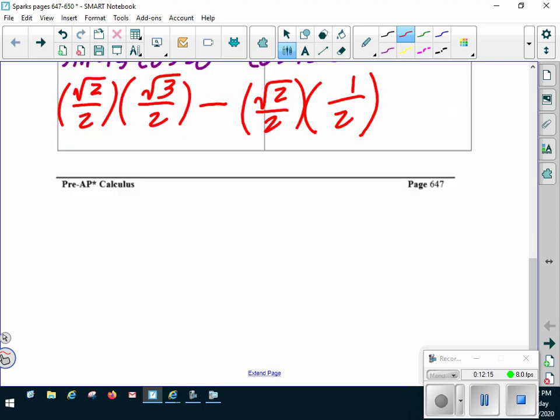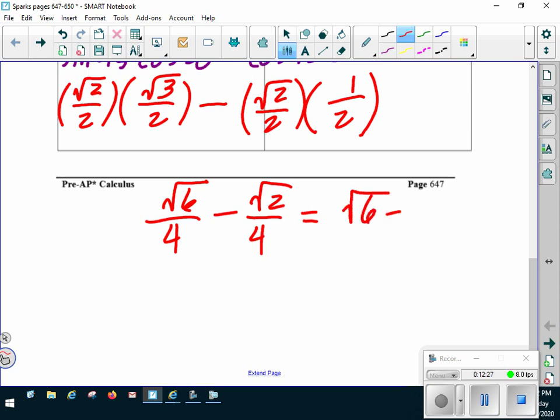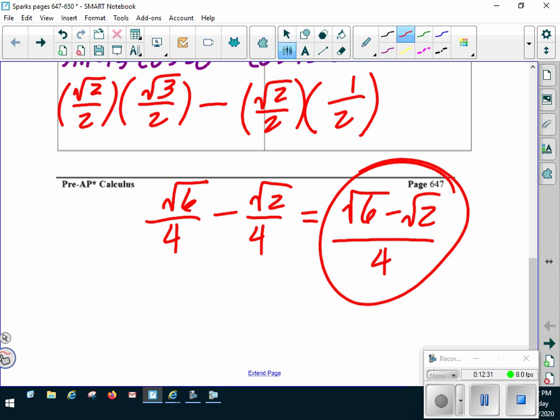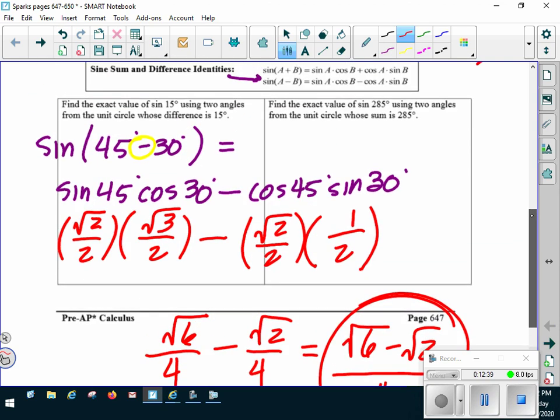What's that going to give us? Square root of 6 over 4 minus the square root of 2 over 4. So that's going to equal square root of 6 minus square root of 2 all over 4. And that's the exact value of the sine of 15 degrees. You would have gotten exactly the same thing had you done 60 degrees minus 45 degrees.